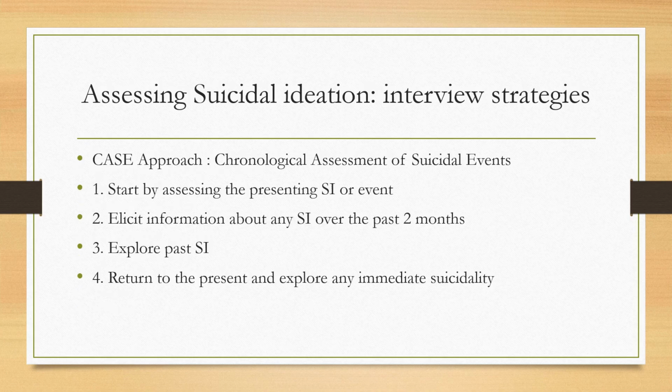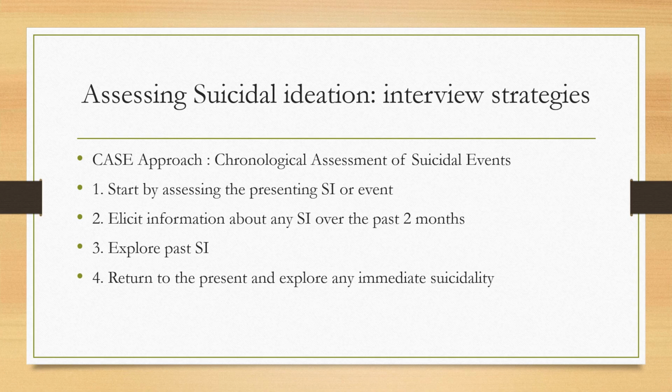Looking at how to assess the suicidal ideation, another mnemonic is used called chronological assessment of suicidal events, the CASE approach. So start by assessing the preceding suicidal ideation or event. Then elicit information about any suicidal ideation over the past 2 months.